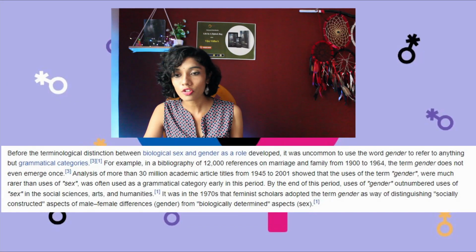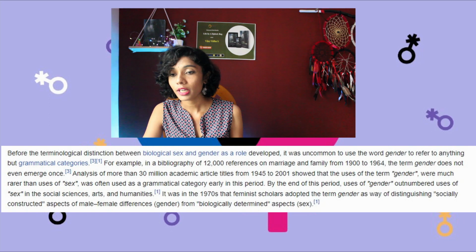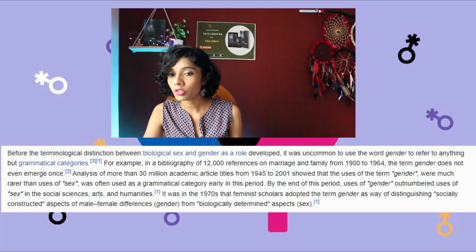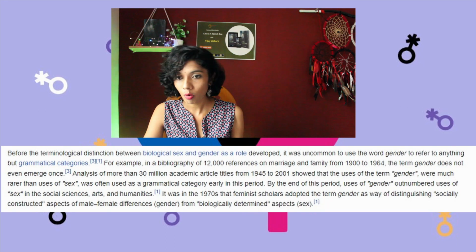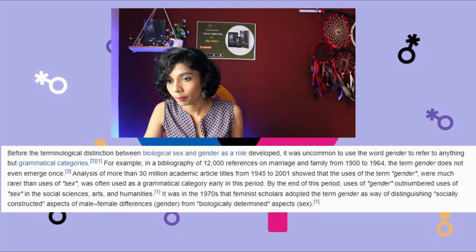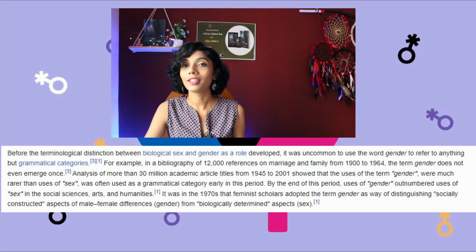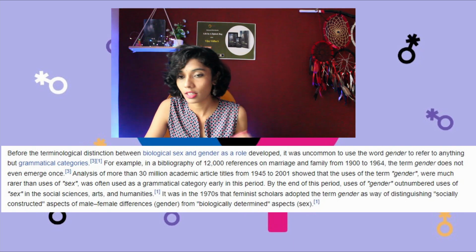So, sorry to quote Wikipedia again, but here is an important piece of information. Analysis of more than 30 million academic article titles from 1945 to 2000 showed that the uses of the term gender were much rarer than the uses of sex, often as a grammatical category. By the end of this period, the use of gender outnumbered uses of sex in the social sciences, humanities and arts.